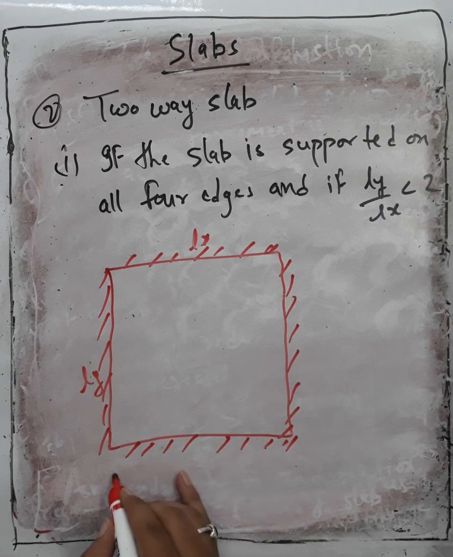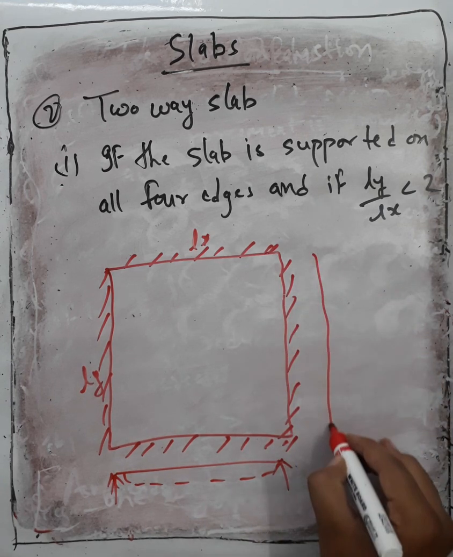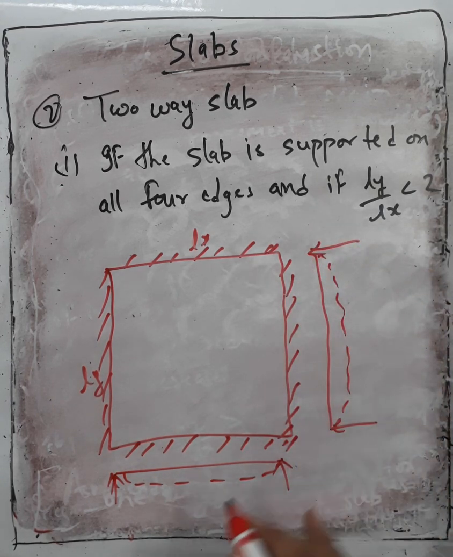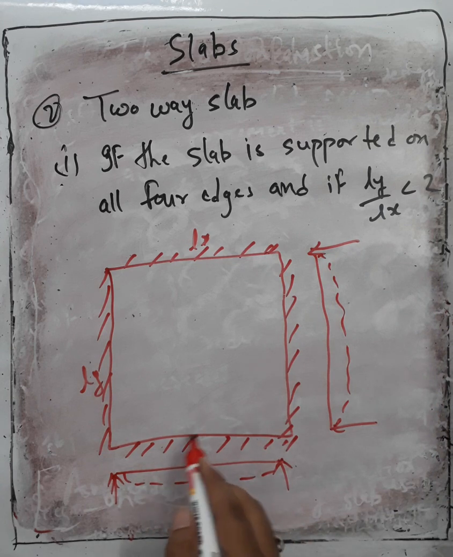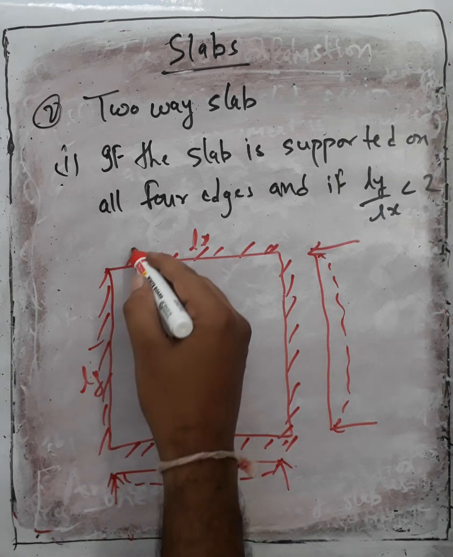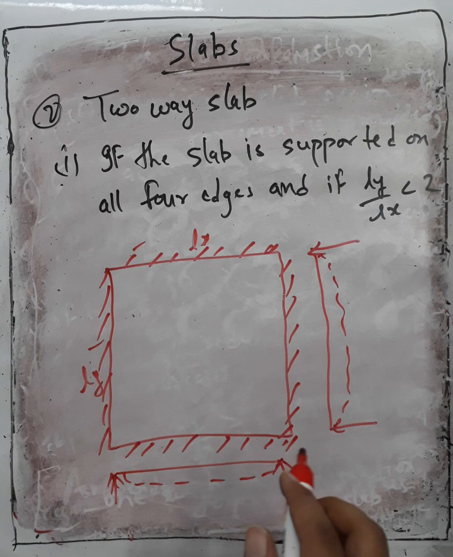In this case, the slab deflects from both sides, from the x direction and the y direction both. In a one-way slab, the slab is deflected only along the shorter span, but in a two-way slab both spans are similar, that's why it deflects from both sides. A two-way slab looks something like a square shape, so that's why it deflects from both sides.